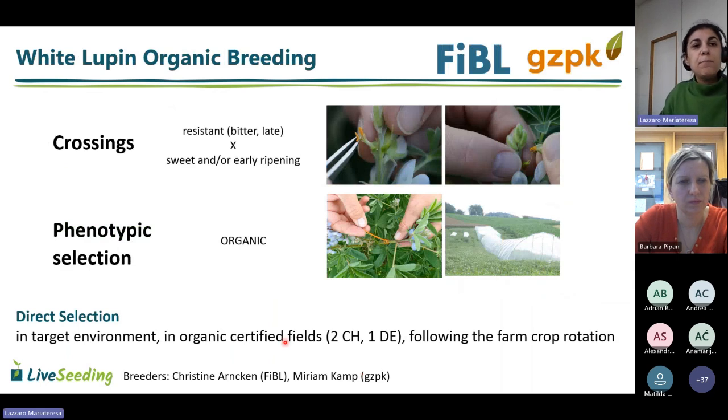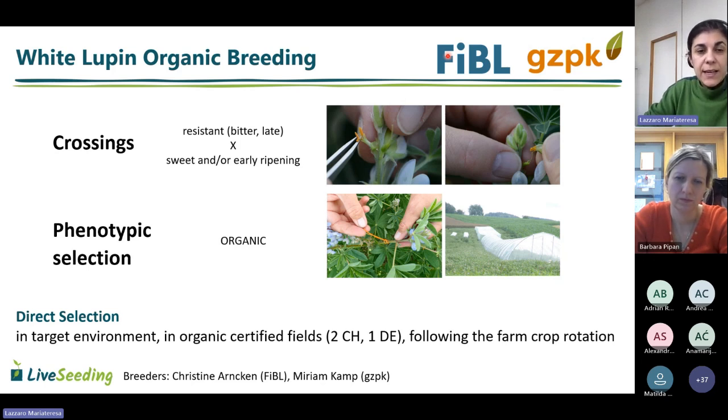Our breeding program was initiated 10 years ago by my colleague and responsible breeder at FiBL, Christine Ankern, and is a collaboration between our research institute FiBL and the independent breeding organization GZPK in Switzerland. It is a fully organic breeding program.